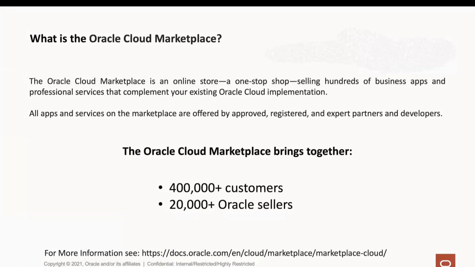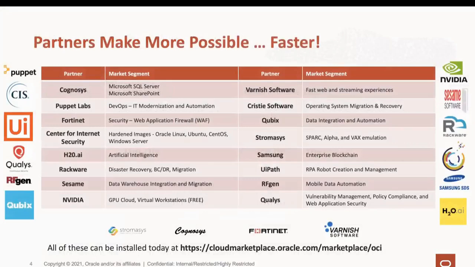A quick overview of some of the partners we're working with are here, and I'm not going to go through this in a huge amount of detail, but what I like to say is that partners make more possible and faster. Oracle has a lot of solutions that do different things, but we also have a lot of partners building out solutions.